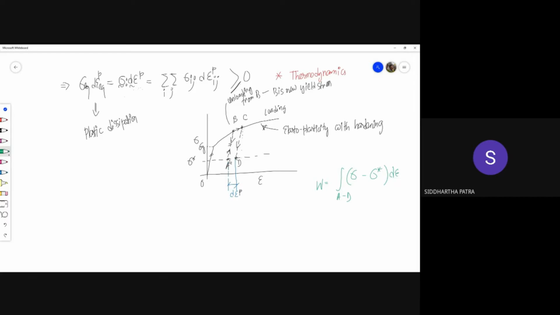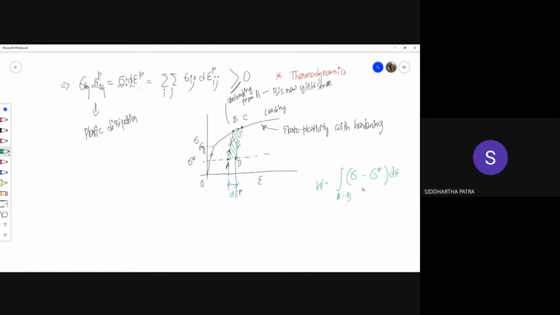We are only considering the additional work done for unloading up to sigma star and then going above this. So we are only looking into this area right here.